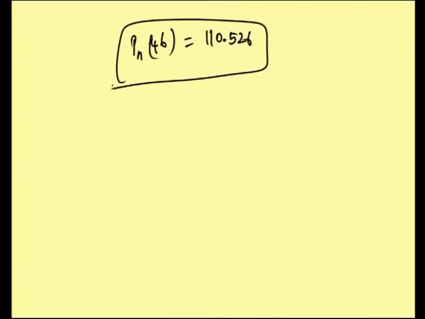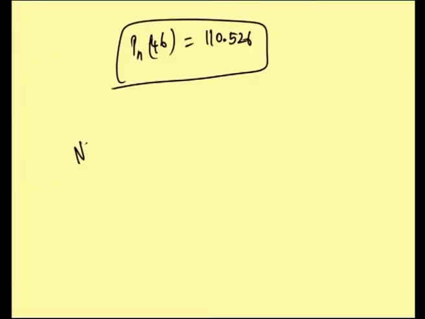You can see Pn of 45, that is given in the question, is 114.84, and Pn of 46, which we have found out by Newton's forward difference formula, is 110.526. That is, the y value will be near to the given y values. When it is 114.84 for 45, for 46 it is 110.526, which is the correct one.